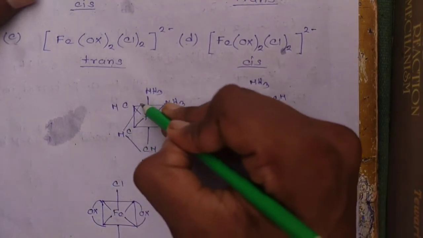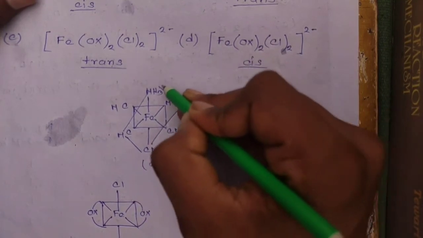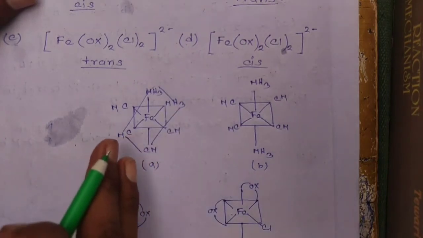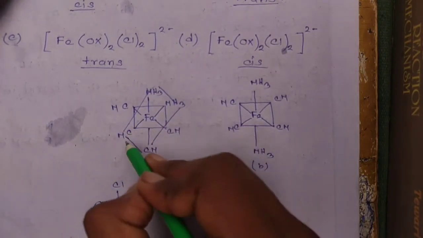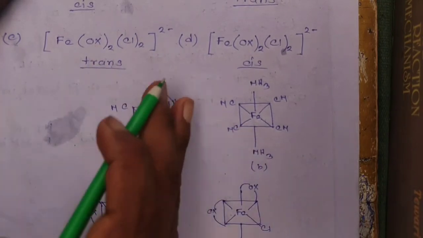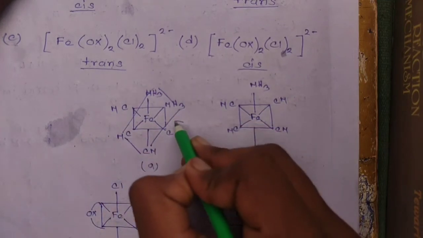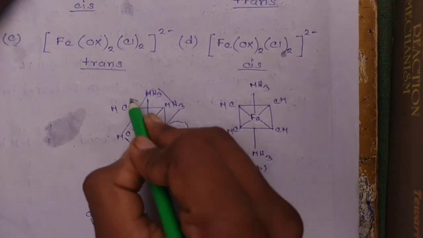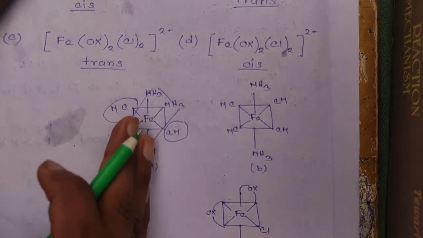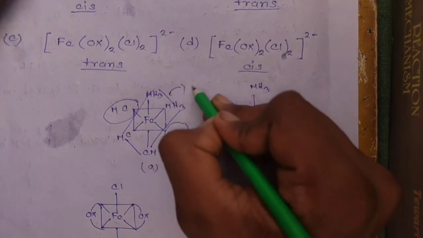This contains a plane, and you can look that this plane simply divides the molecule into two equal halves. Here is a CN group, and there is also a CN group. So this compound is optically inactive because it contains a plane of symmetry.